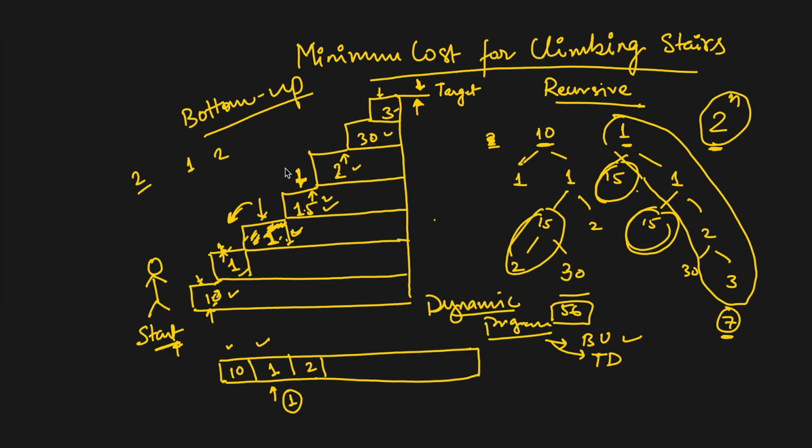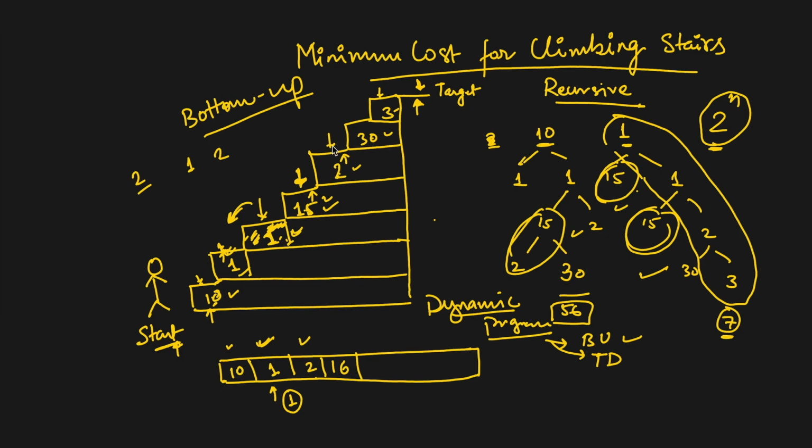Okay. Now for 15, the cost to reach 15 comes from the previous two steps. This is 1 and this is 2. So we'll pick the minimum, which is 1, and add the current cost, which is 15. So 16. Now we have solved it for 15, we don't need to solve it again like in recursion.